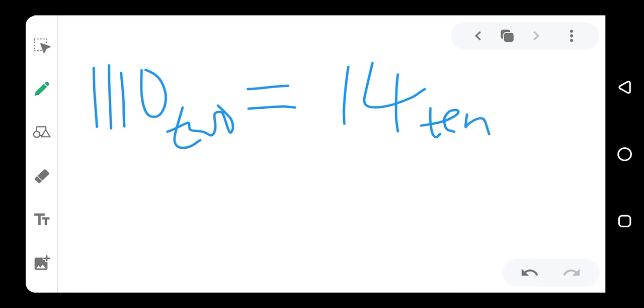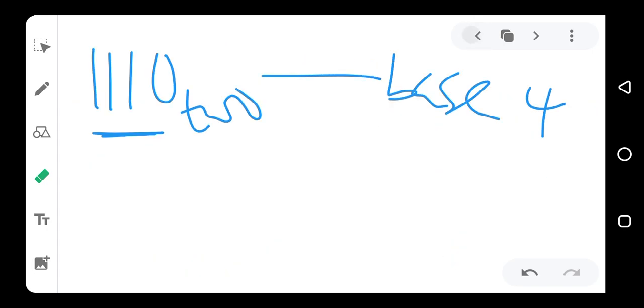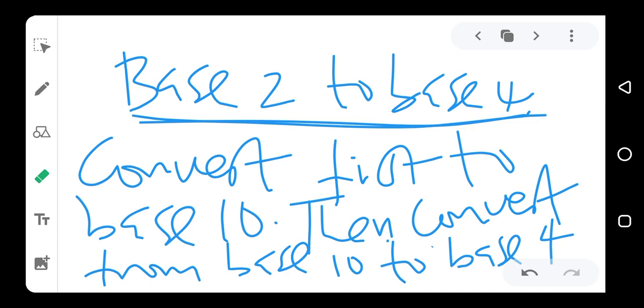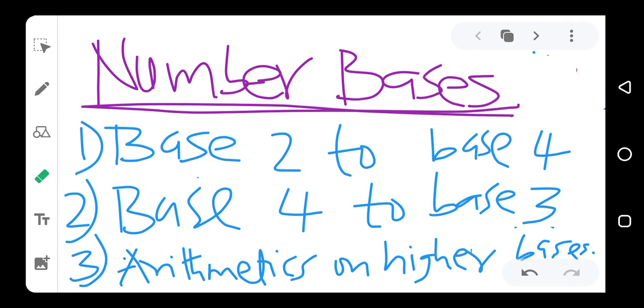If it is in base 10, you can just remove the base if you like. Now, the next step is to convert 14 from base 10 to the base we are now looking for. Okay, we are converting from base 2 to base 4.